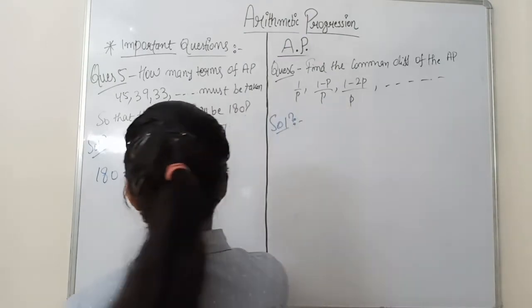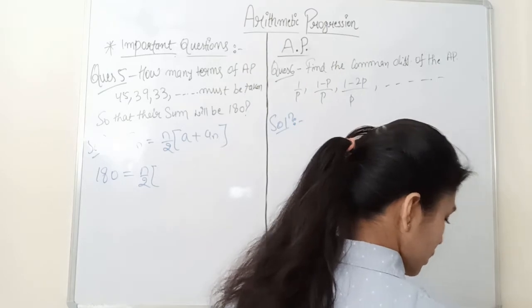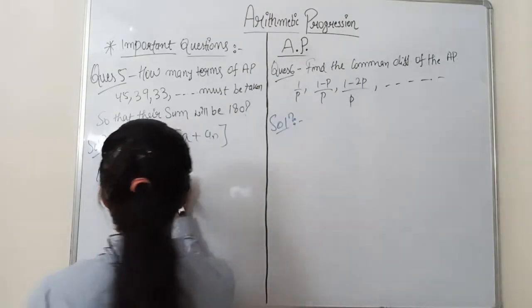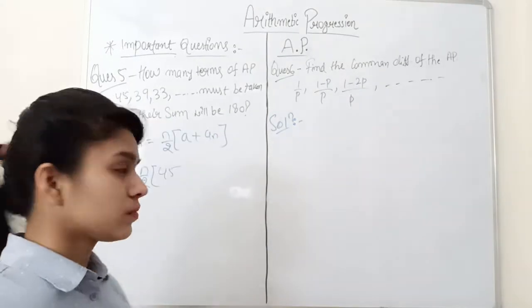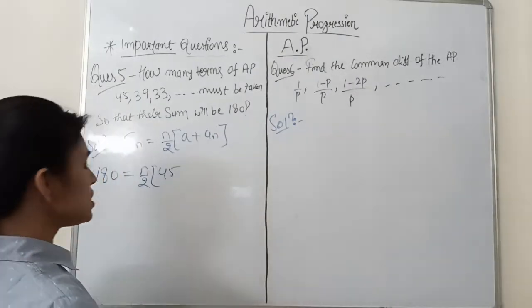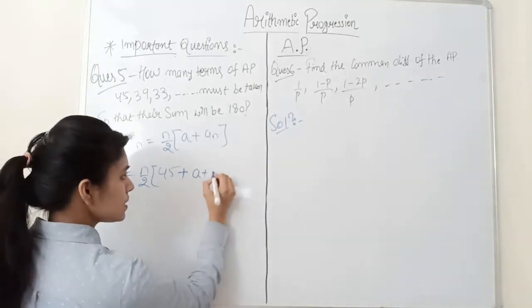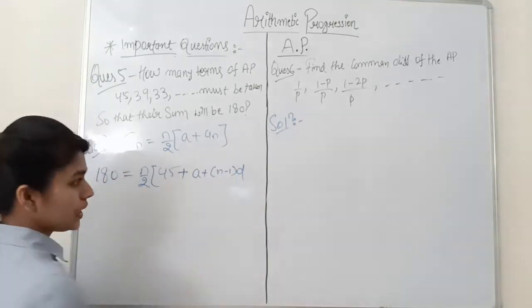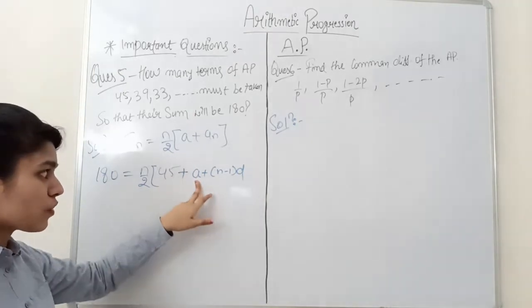Okay, in this question a is 45. Okay, what is a? A is 45. What is an? A plus n minus 1 into d. So what is a? 45. This will also be 45.